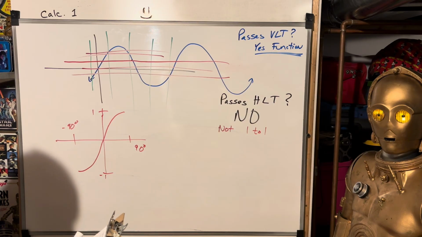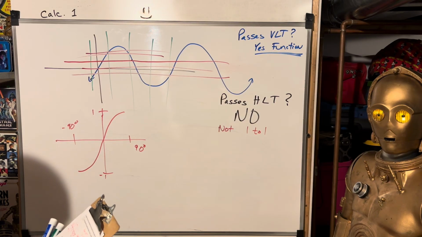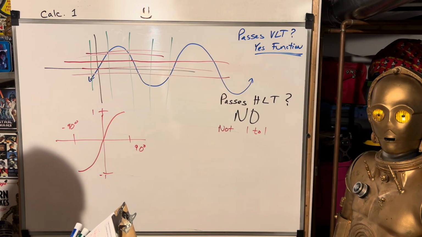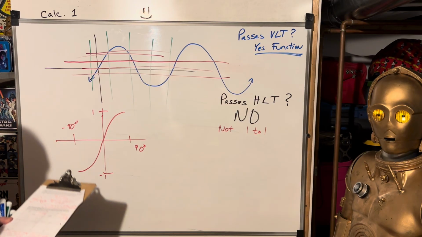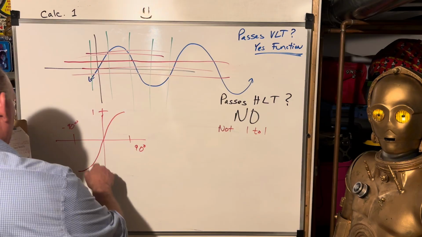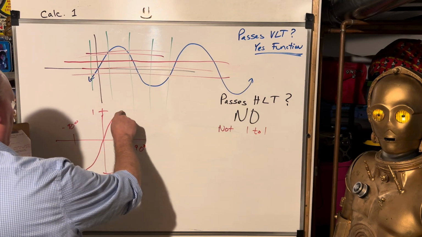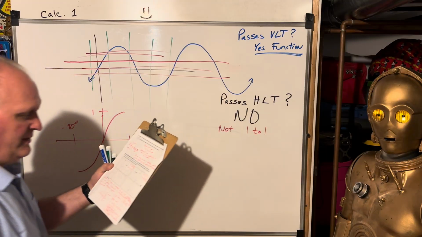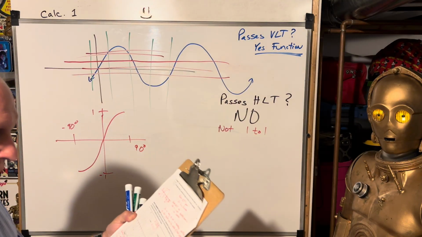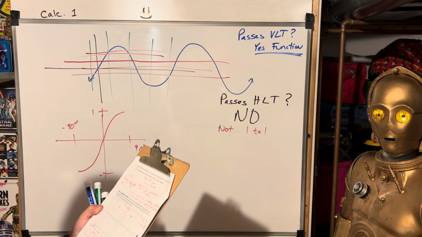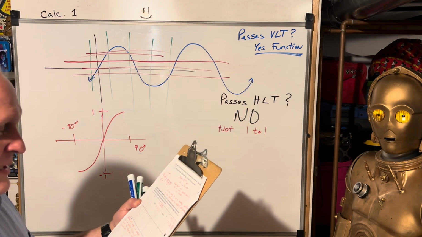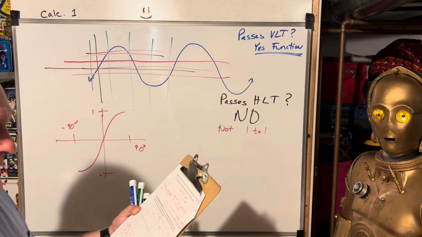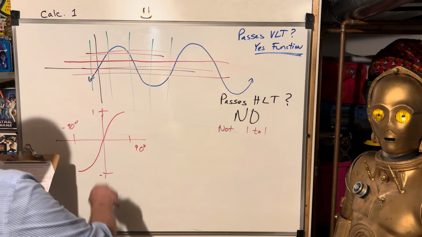So when we do the arc sine, like y equals the arc sine, it looks a lot like this. It's just flipped a little bit. So you can look at the drawing on your notes. I'm not going to try to do that. But the domain is -1 to 1, and the range is -90 to 90. And they've got a picture of it.